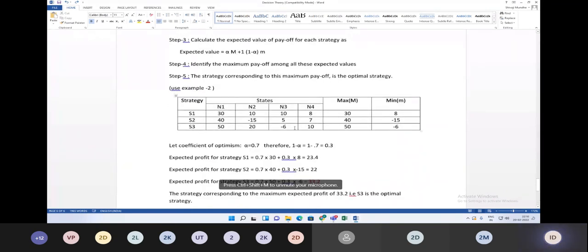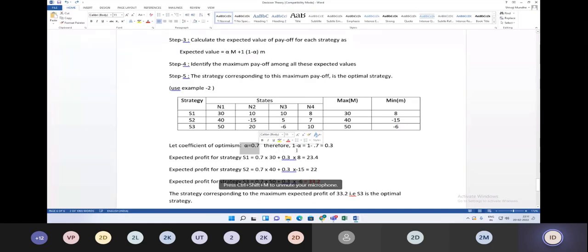Now let the coefficient of optimism alpha be equal to 0.7. This is what I assume. The assumed value of alpha lies between 0 and 1. Here I assume alpha is 0.7.